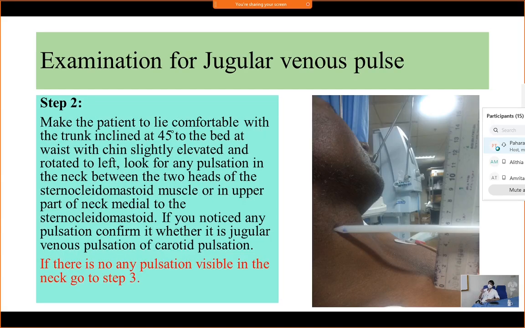Make the patient lie comfortably with the trunk inclined at 45 degrees to the bed at the waist, with chin slightly elevated and rotated to the left. Look for any pulsation in the neck between the two heads of the sternocleidomastoid muscle, or in the upper part of the neck medial to the sternocleidomastoid muscle. If you notice any pulsation, confirm whether it is jugular venous pulsation or carotid pulsation. If there is no pulsation, then you go to step 3.